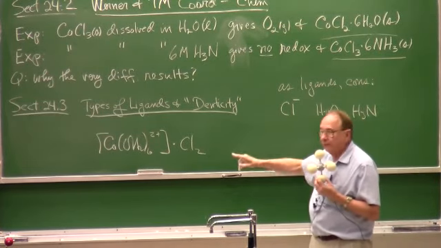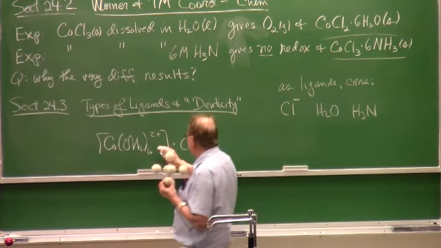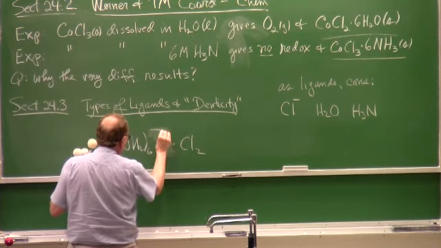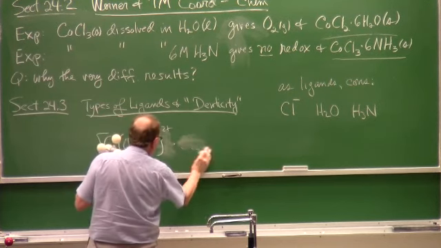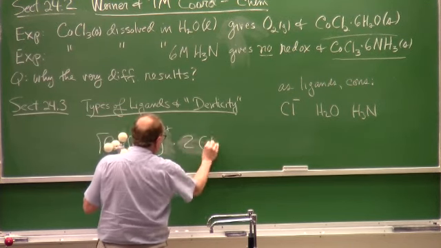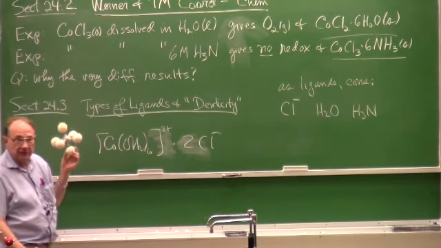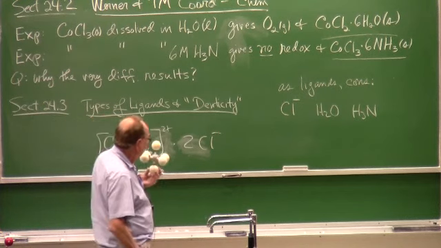So if I'm going to write the formula for the cobalt complex resulting from the second experiment, how would you write the formula?